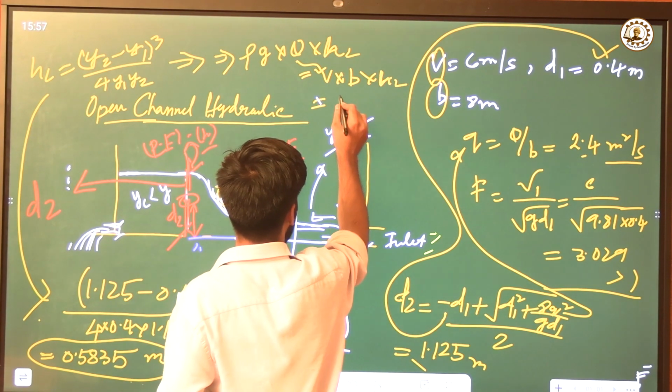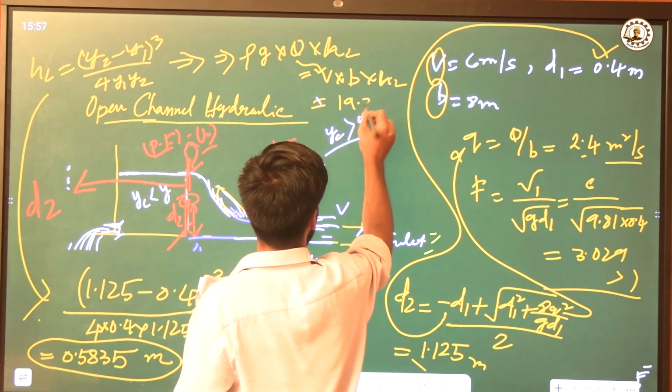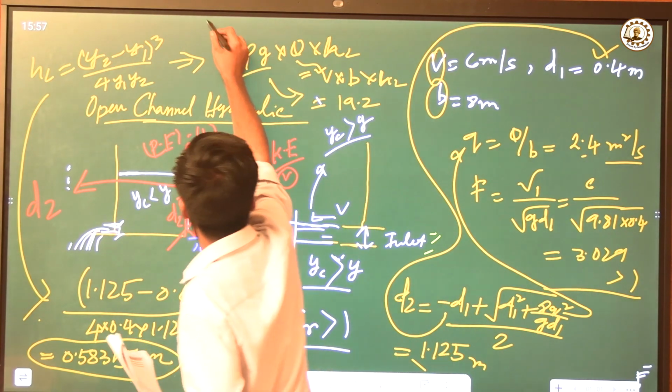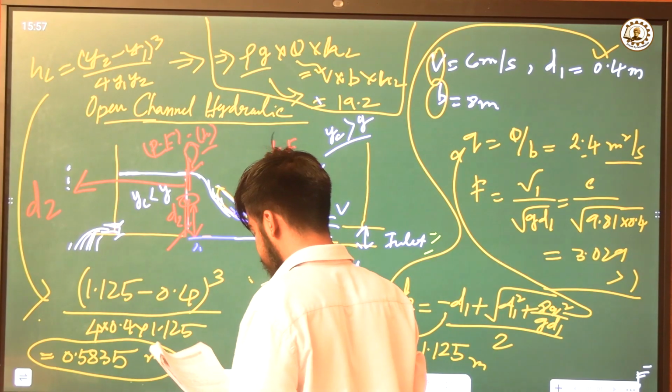We know all the values, it will be 19.2. So we equate this with rho g.